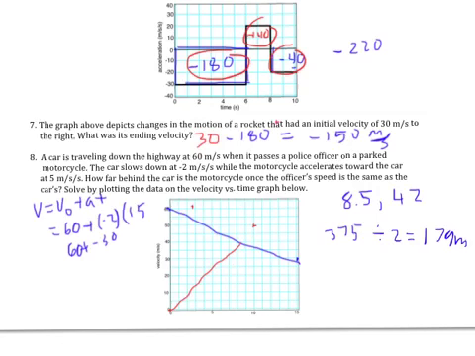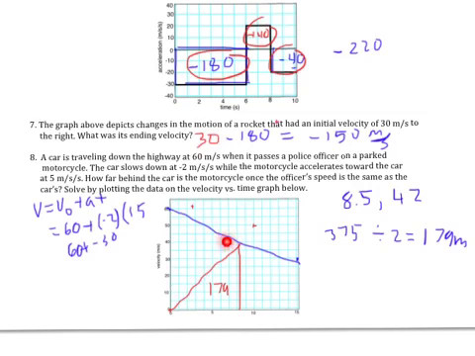So I'm going to write that in red underneath the police officer. I'm going to say, well, this area here is 179 meters. Now, if you think about it, I can still use this because for the driver, their distance is described by this total area here, the total area under that part of the line.